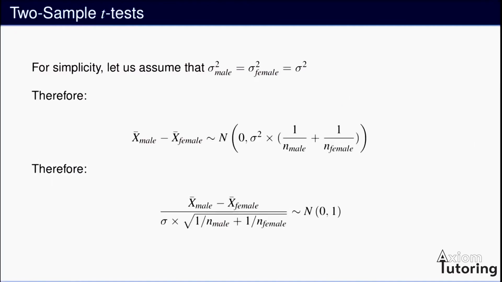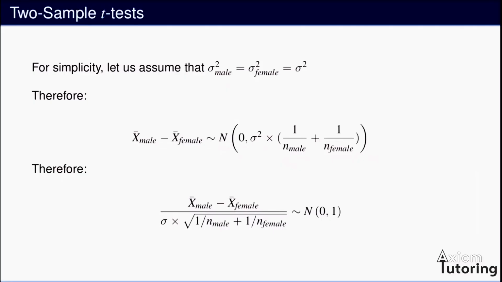For simplicity, let's assume that sigma squared male is equal to sigma squared female is equal to sigma squared. So the variance in the age variable is the same for males and females. I can simplify my formula a little, and I get that x bar male minus x bar female is distributed normally with mean 0 and variance sigma squared times 1 over n male plus 1 over n female.